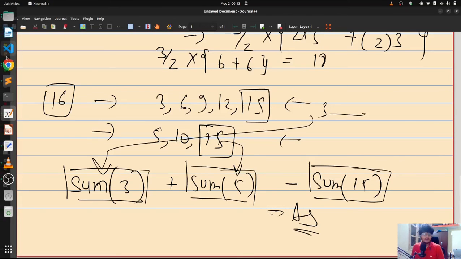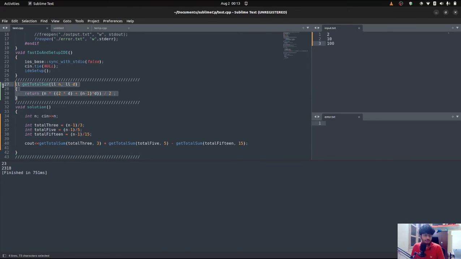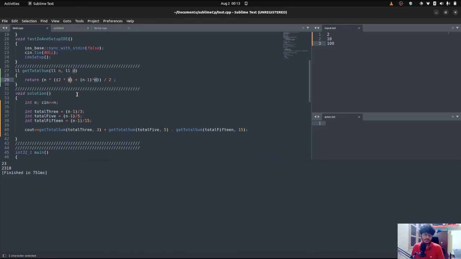That is it. If you see my code, I did the same thing. We have simply written a formula for the arithmetic progression sum of the terms: n times (2 times a plus (n minus 1) times d) by 2, and you can see that d is equal to a in this case, so we have taken d as a.